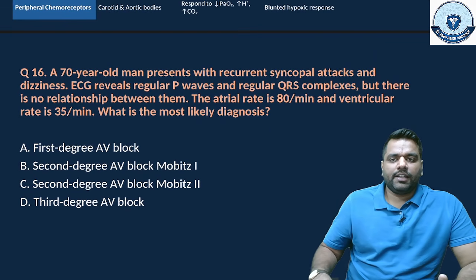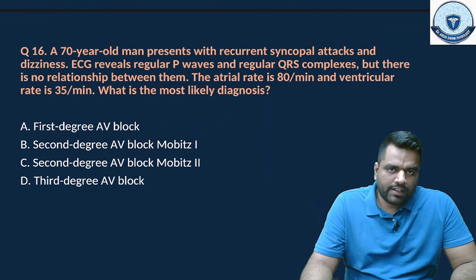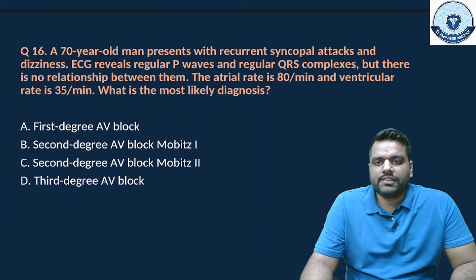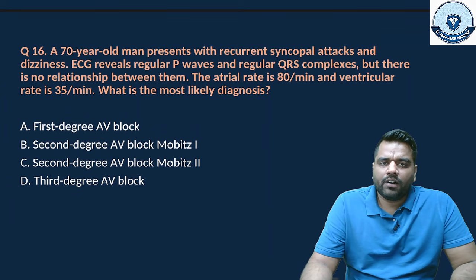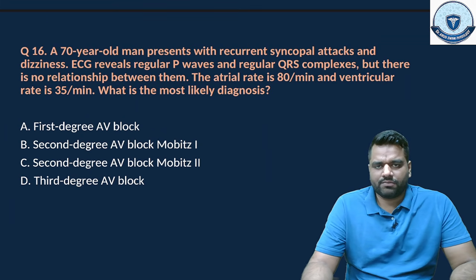Coming to the next question, a 70-year-old man presents with recurrent syncopal attacks and dizziness. ECG reveals regular P waves and regular QRS complexes, but there is no relationship between them. The atrial rate is 80 and the ventricular rate is 35. What is the most likely diagnosis?